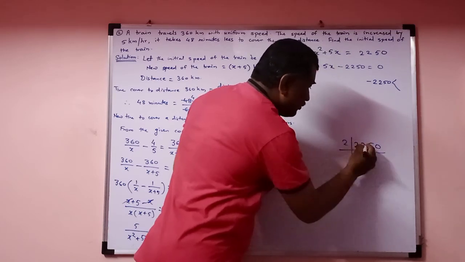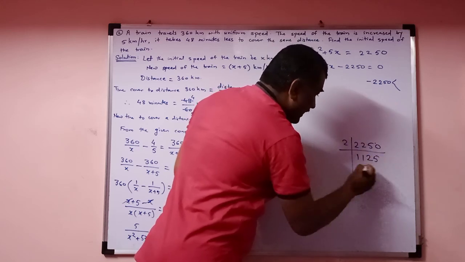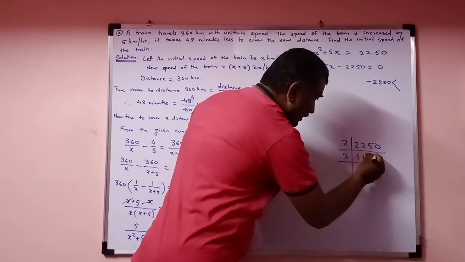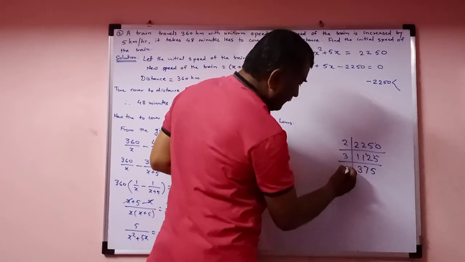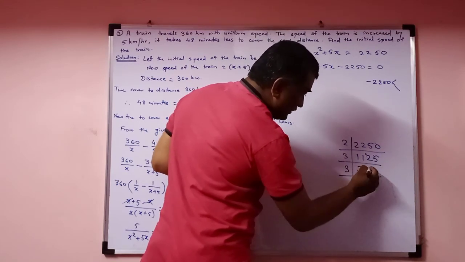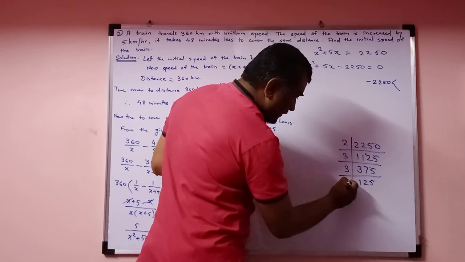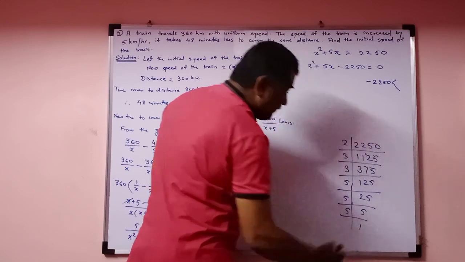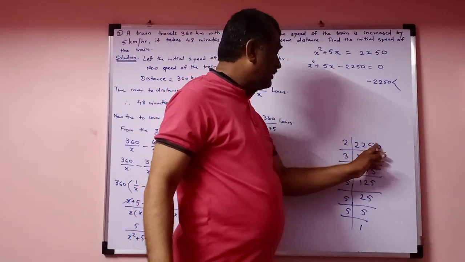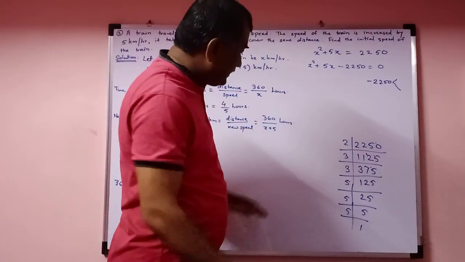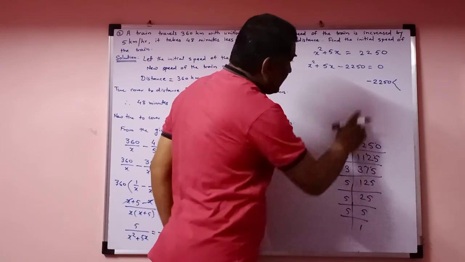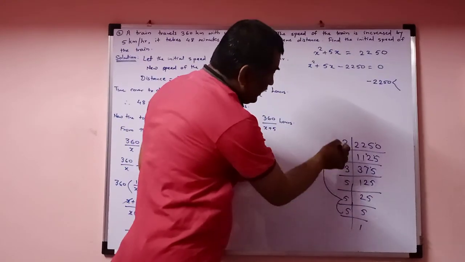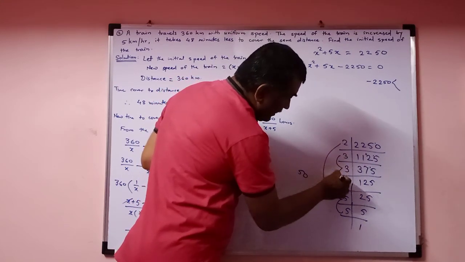Factors of 2250 are 2, 3, 3, 5, 5, 5. Now take a group in which the difference comes out to be 5. 5 5s are 25, 25 2s are 50, 3 3s are 9, 9 5s are 45.